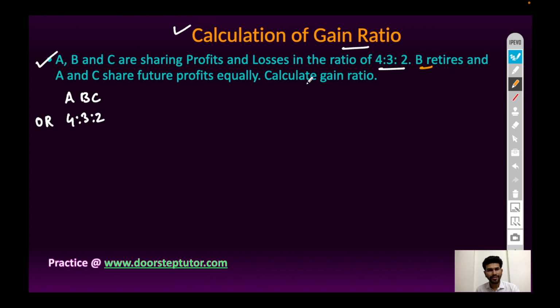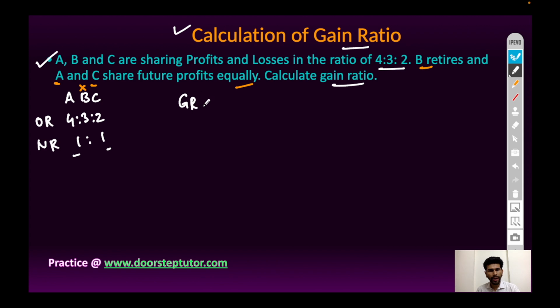B retires. So remaining partners will be A and C. They share future profit equally. New ratio is given among A and C, 1 is to 1. Calculate gain ratio.